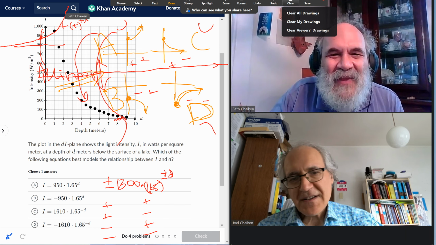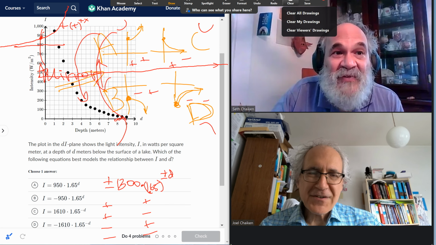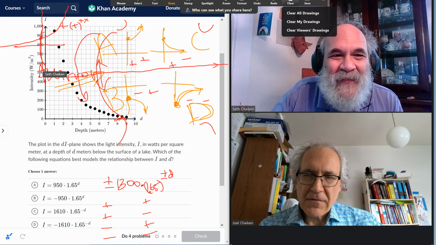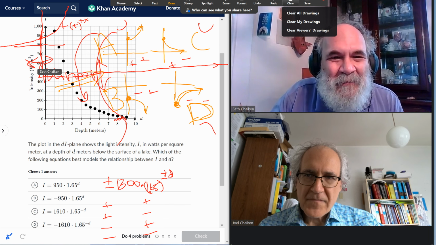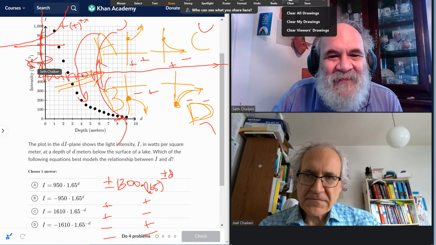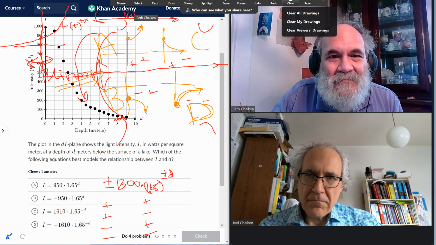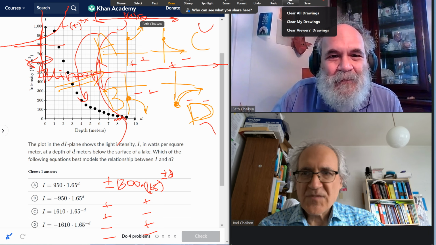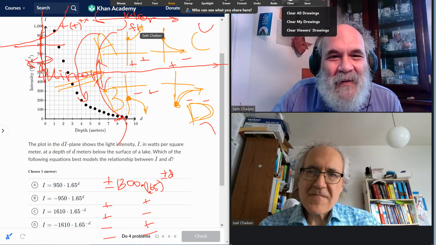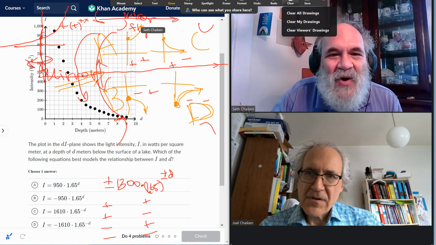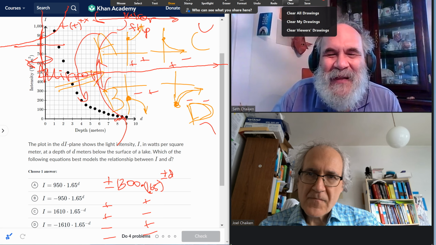And then if you flip this around the y-axis, you do a mirror flip around the y-axis, you get this case.